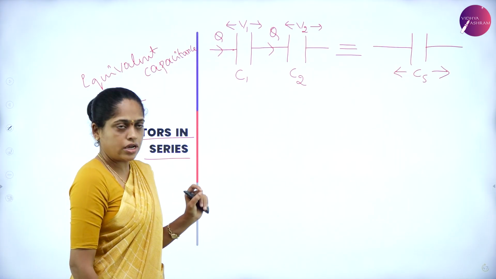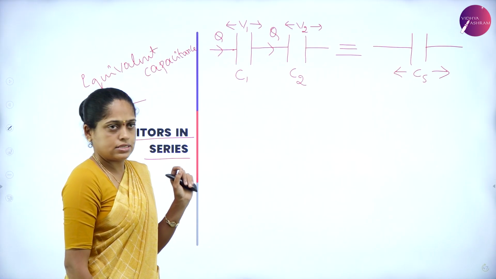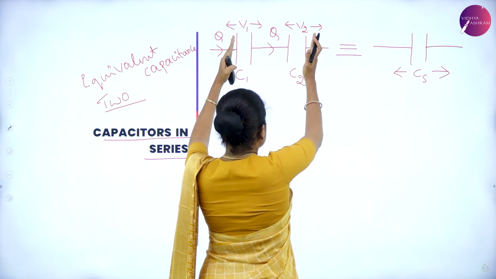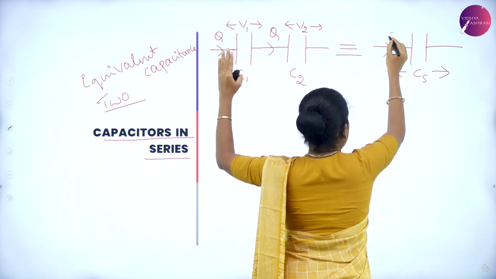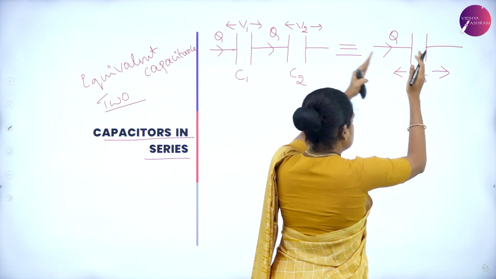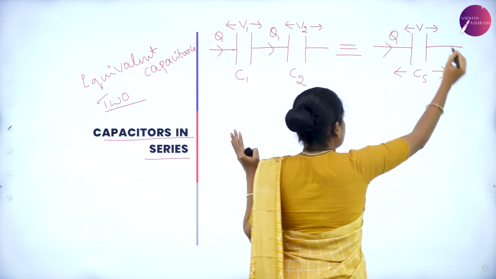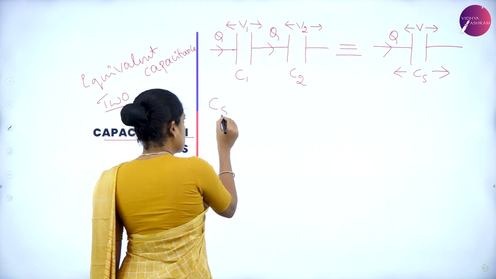Therefore, let us consider the single capacitance as CS. As this single capacitor replaces these two capacitors, the same charge Q flows in this capacitor and across this the potential is V.